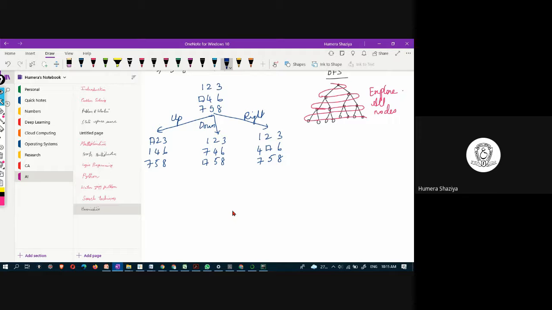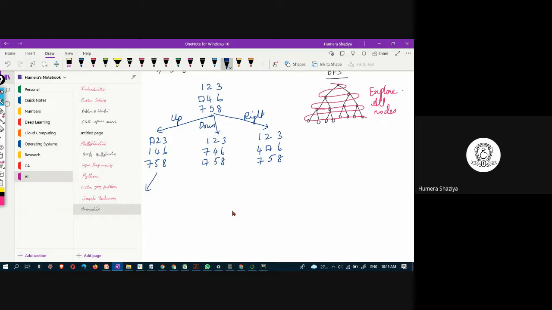One level is completed. And then what has to be done? In the next level, we have to explore all the options of the first node, second node, and third node. Here, how many moves are possible? This is right and down.